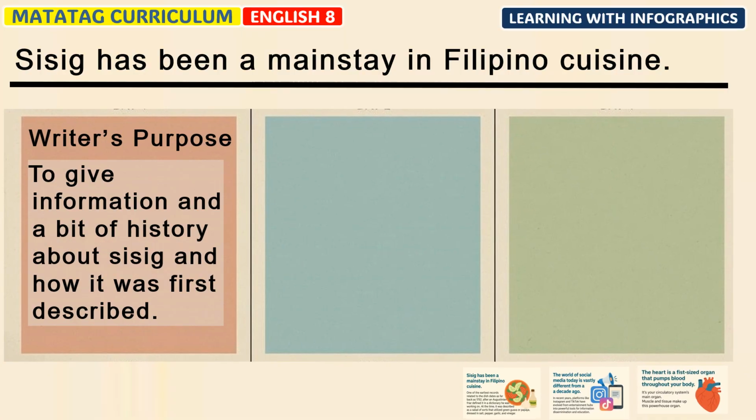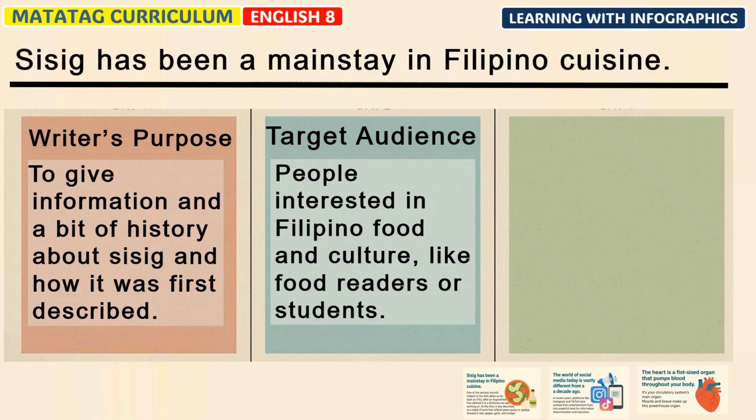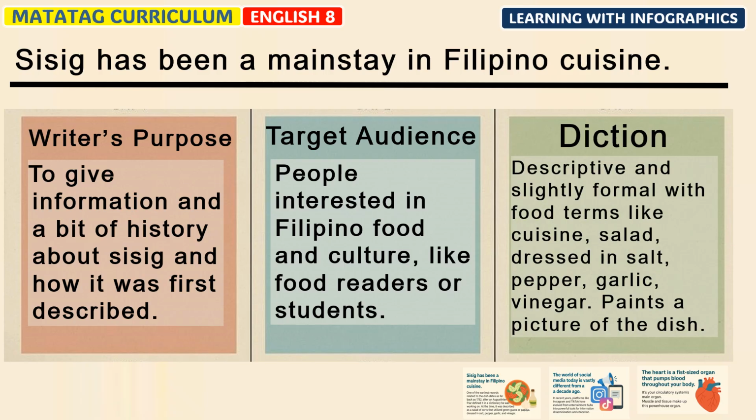The writer's purpose is to give information and a bit of history about sisig and how it was first described. Target audience is people interested in Filipino food and culture, like food readers or students. And the diction is descriptive and slightly formal with food terms like cuisine, salad, dressed in salt, pepper, garlic, vinegar. Paints a picture of the dish.